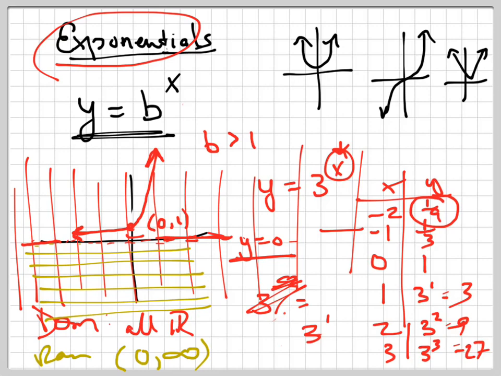Now, I'm not done. b has got to be positive. But what if my equation was y equals b to the x, but b was between 0 and 1? Let's take, for example, 1/2. If b was 1/2, what's that graph going to look like?